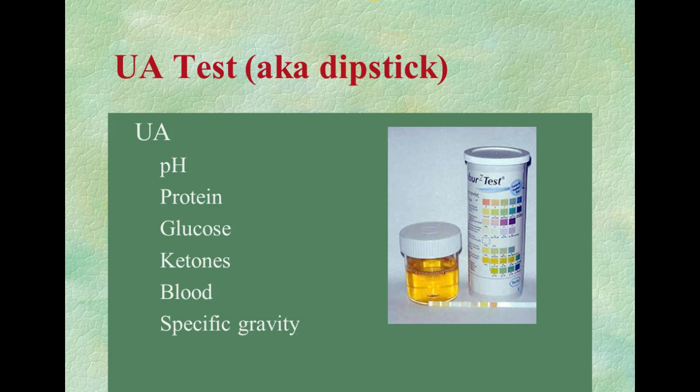Ketones are seen with poorly controlled diabetes mellitus and can also indicate starvation and dehydration. Blood is a potential indicator of infection. Also, it's seen when women are menstruating, and specific gravity looks at the concentration of the particles in the urine and essentially is assessing a patient's hydration status.